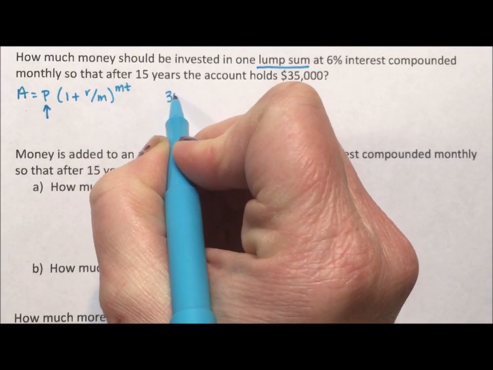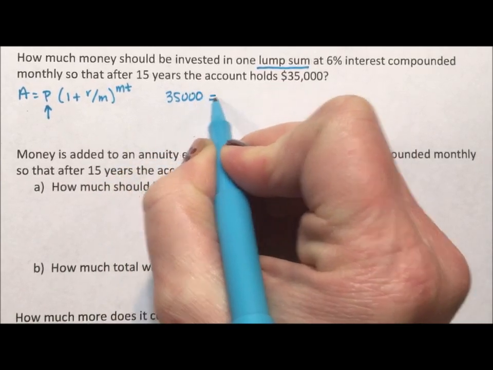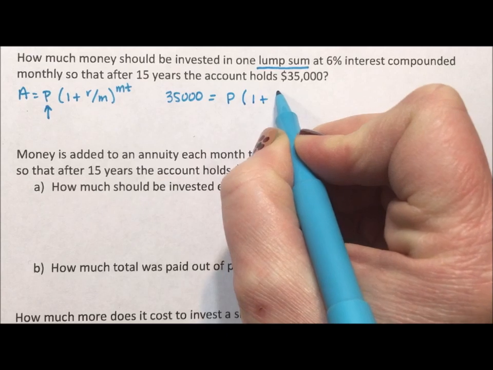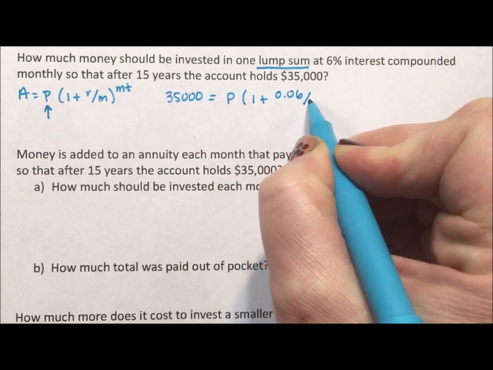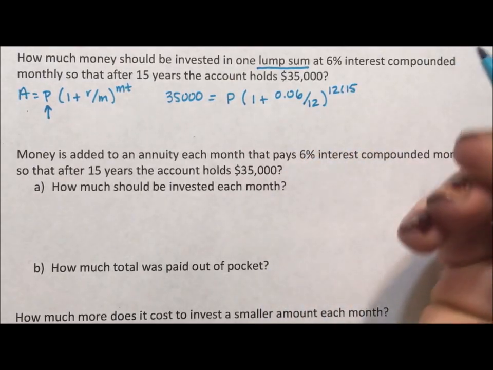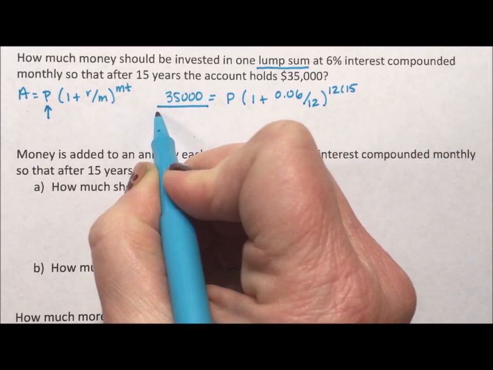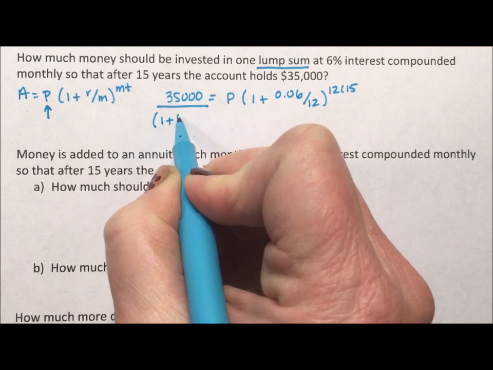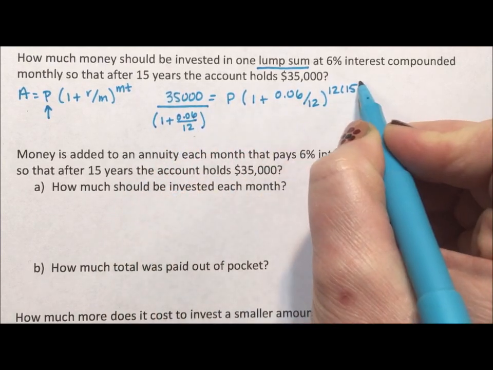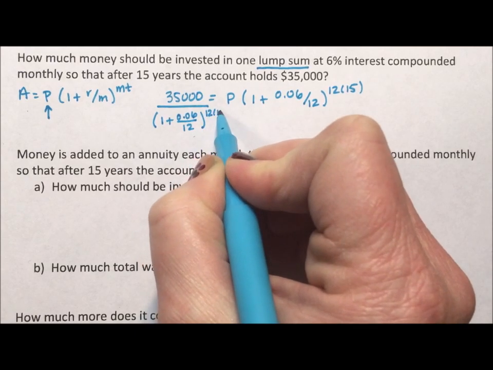So I take $35,000 equals the present value, (1 plus 0.06 divided by 12) to the 12 times 15. To do this, I'm just going to take that 35,000 and divide by (1 plus 0.06 divided by 12) to the 12 times 15.